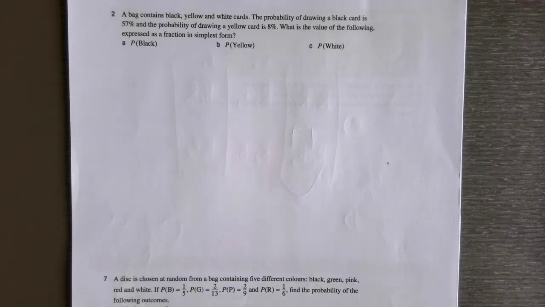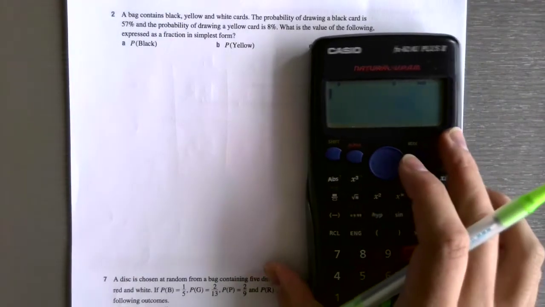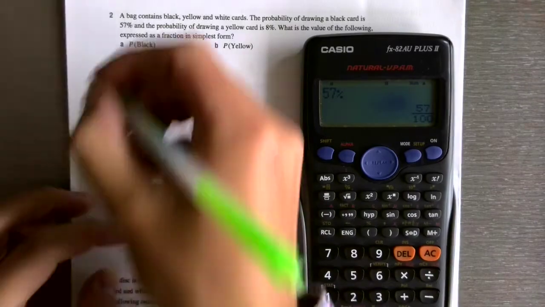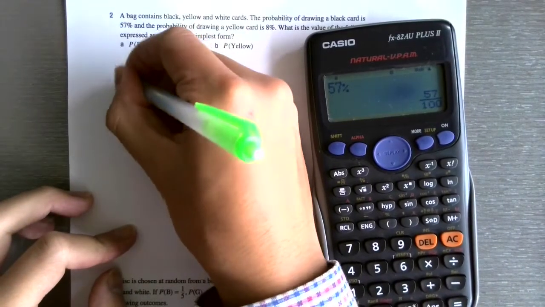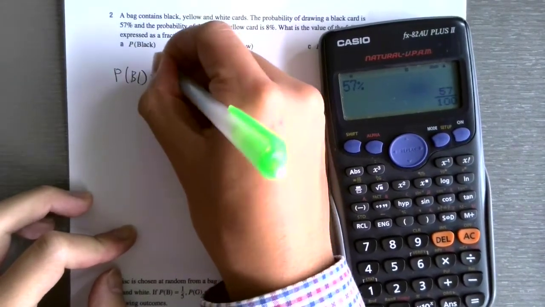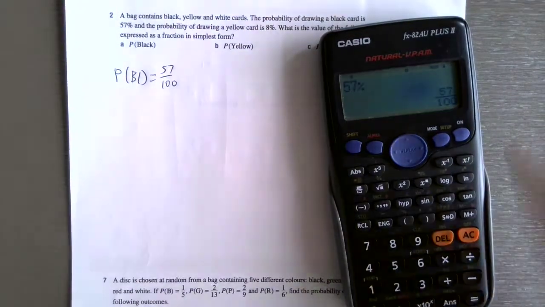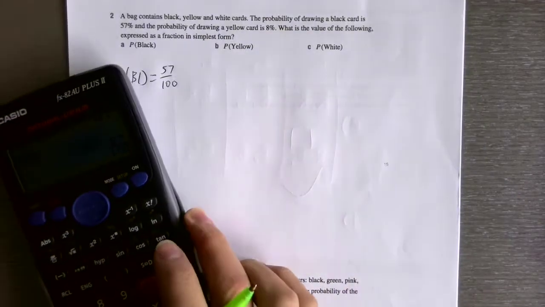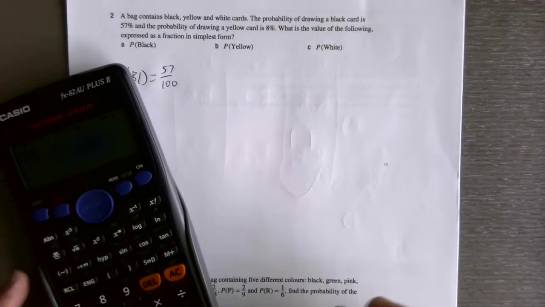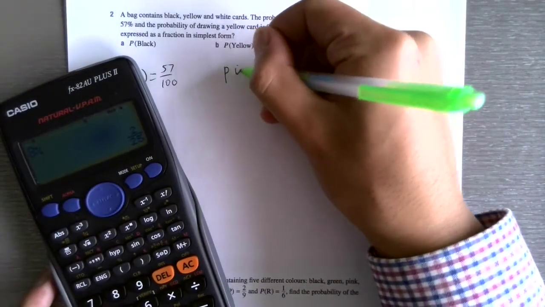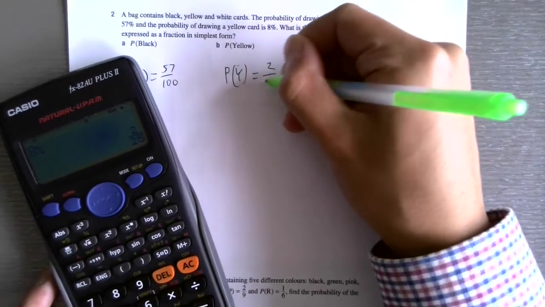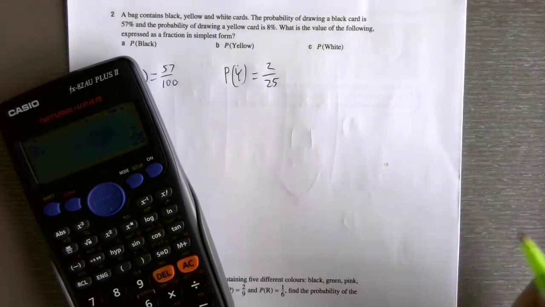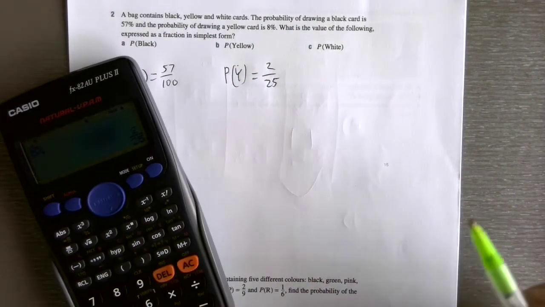Now, in your calculators again, what we can do is cheat a little bit, because if we just type 57%, boom, probability of a black card is 57 out of 100. Now your calculator will always simplify this into the nicest fraction possible. So if we type 8% in our calculators, probability of a yellow is 2 out of 25. Okay? Now that's also the same as 8 out of 100, but our calculator has cheated and has given us the right answer.